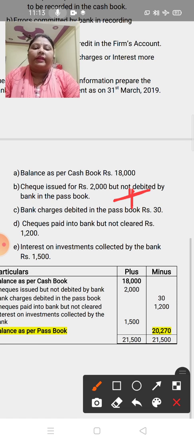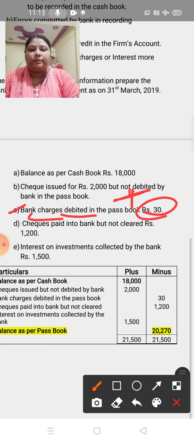Okay. Now next. The next one is, see, bank charges debited in the passbook rupees 30. Here bank charges debited is given. So it means the bank has deducted this amount from the passbook, but it is not entered in the cash book.